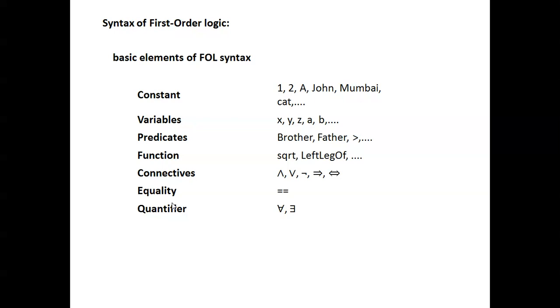The basic elements of FOL syntax are constants, such as 1, a, the name of a city, the name of a person, or the name of an animal; variables, such as x, y, z, a, b; predicates, such as brother and father; functions, such as left leg of; connectives; and equality and quantifiers.